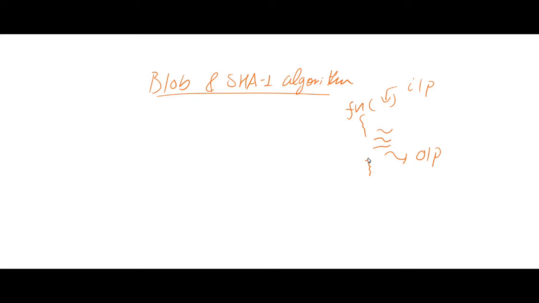What this SHA-1 algorithm does is it receives file content and outputs a specific unique 40-digit hexadecimal value, and this hexadecimal value will be used as a key to refer to these binary files.